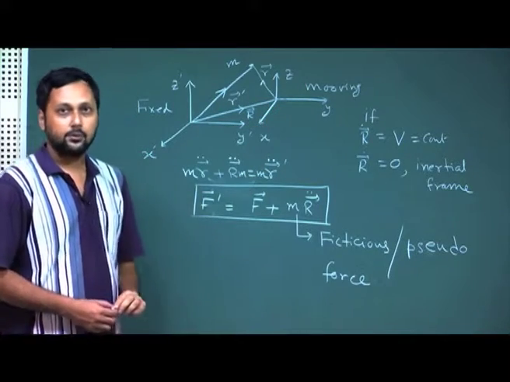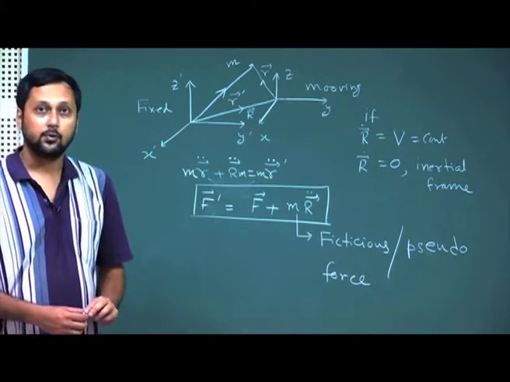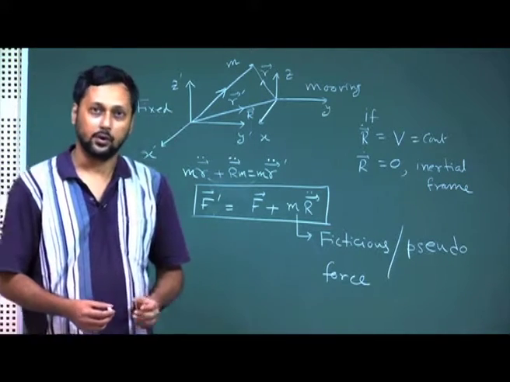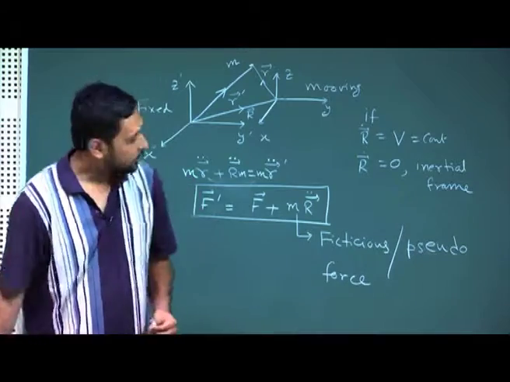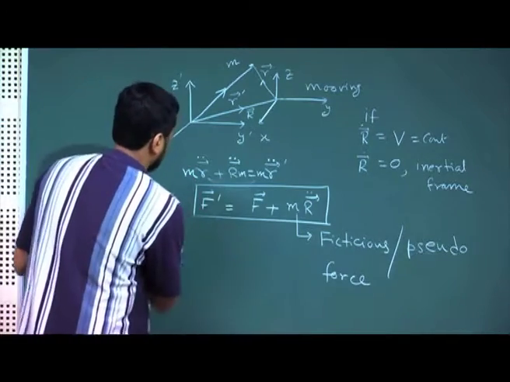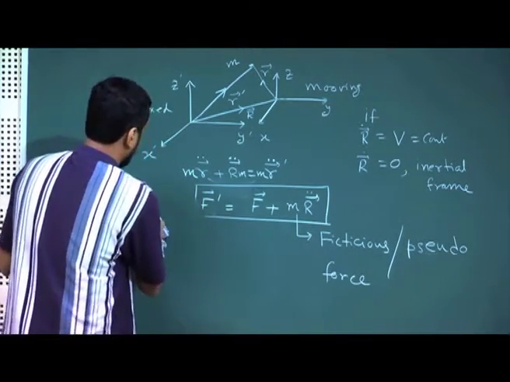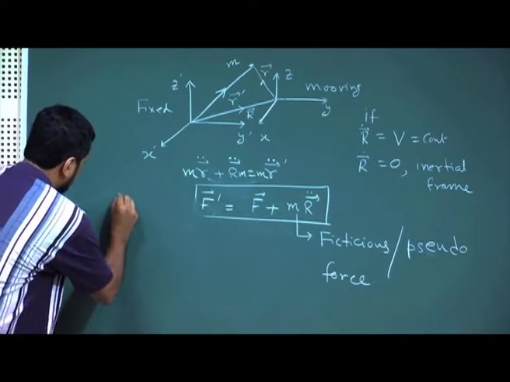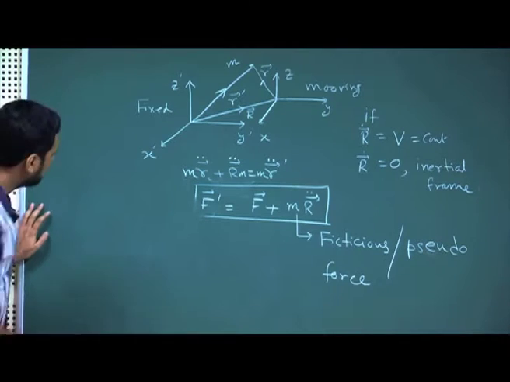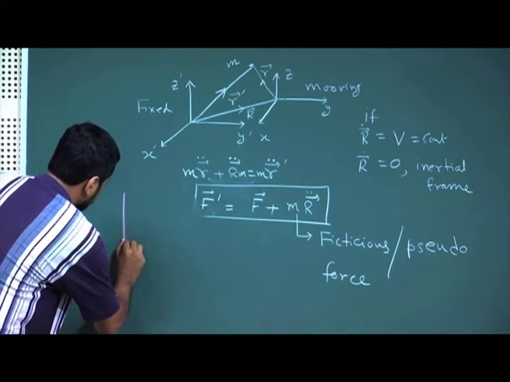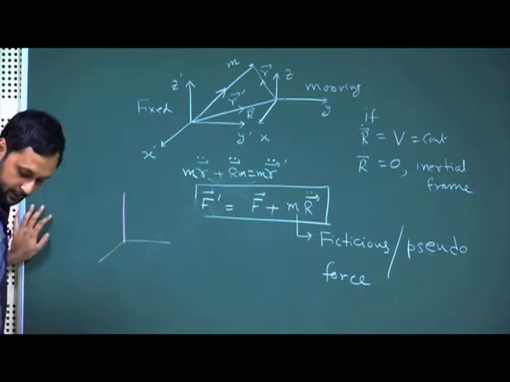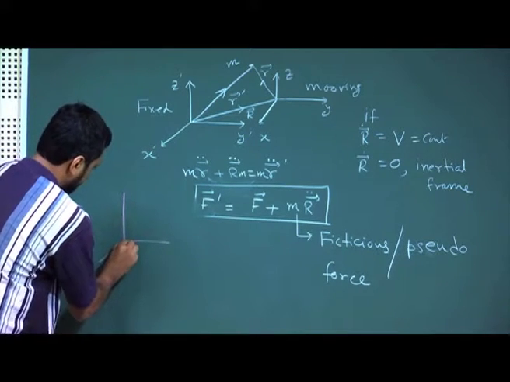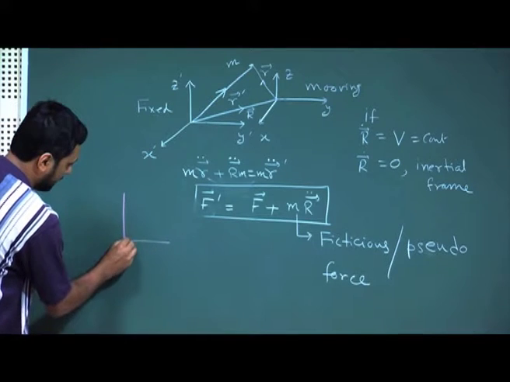Now, in this chapter we will be discussing a special type of moving coordinate system, which are actually rotating coordinate systems. So, the situation is as follows. Let us say this is our fixed frame of reference and this is our moving frame of reference, which share a common origin.